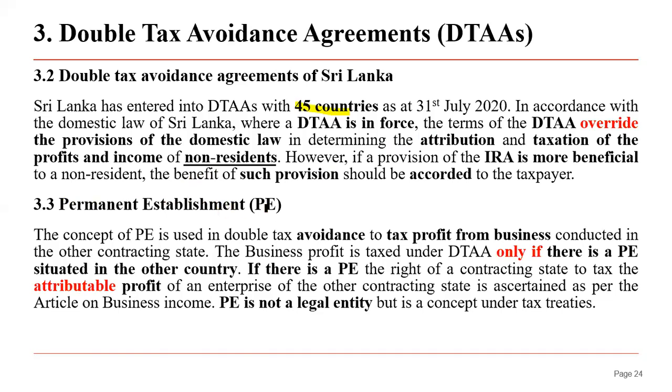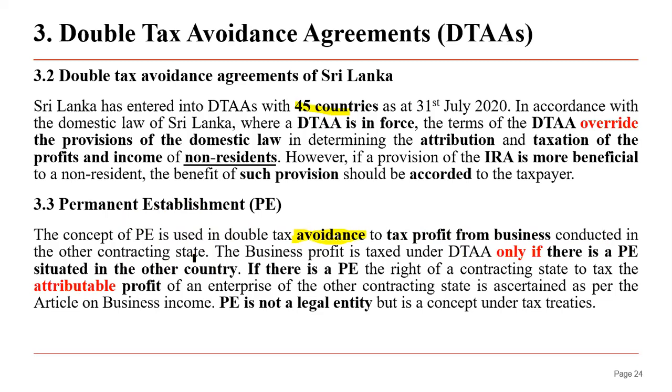Permanent establishment. We discussed the basics of the permanent establishment. I will again recap it because it is really important in the case of double tax avoidance and double taxation. The concept of PE is used in double tax avoidance to tax the profit of a business conducted in the other contracting state.